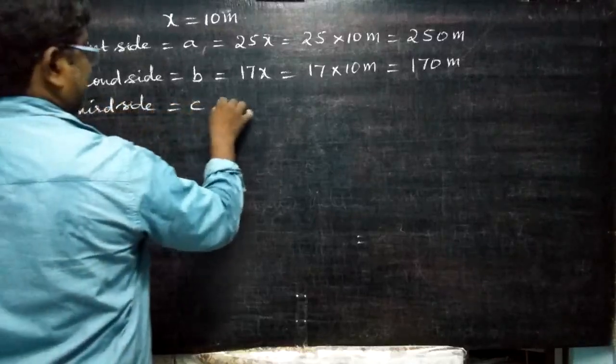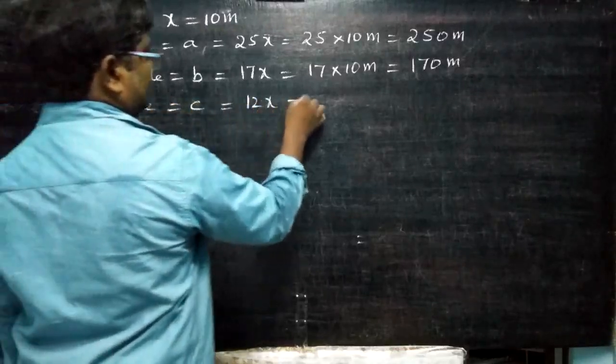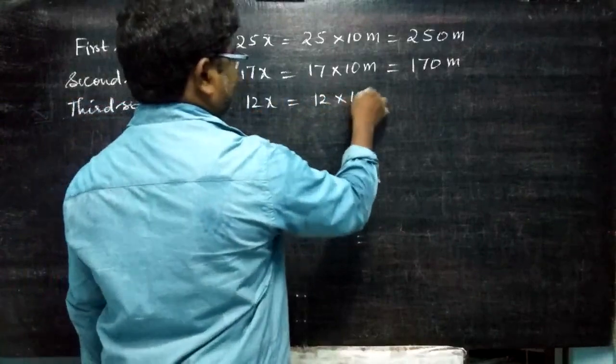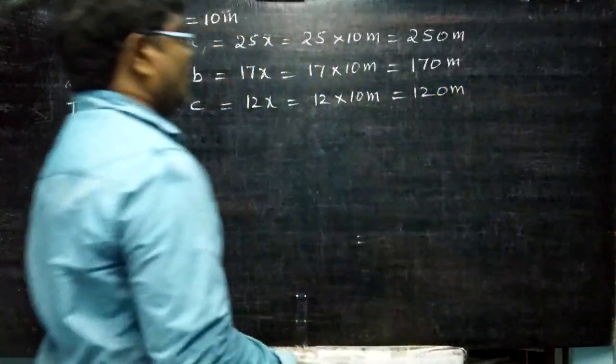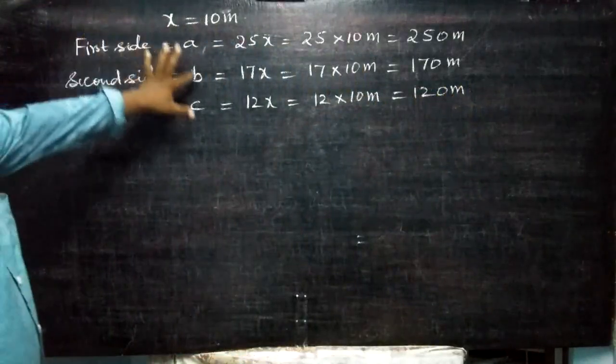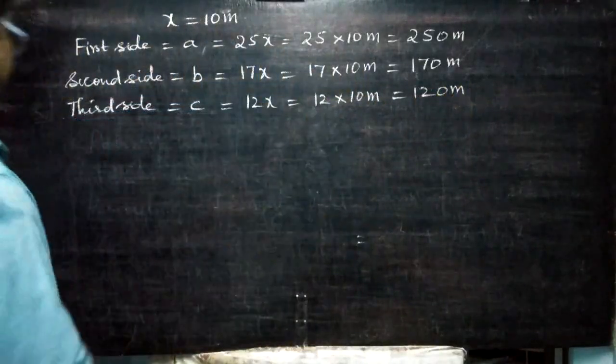We are taking it as C. 12x, 12 into 10 meters, that is 120 meters. Now we know the formula. Which type of triangle is this? Scalene triangle.